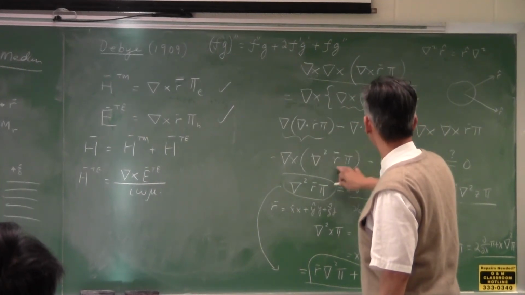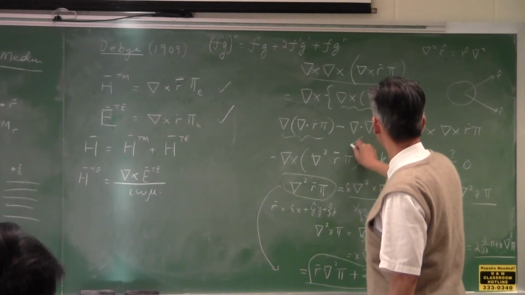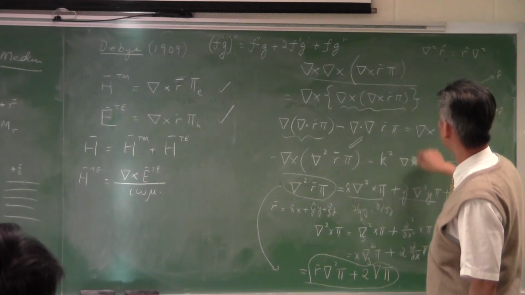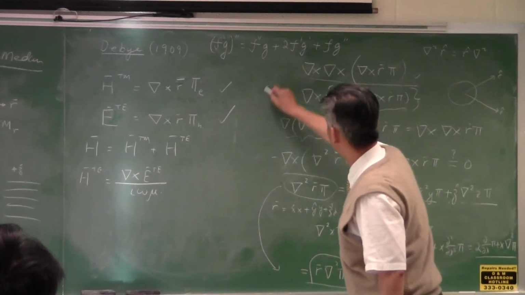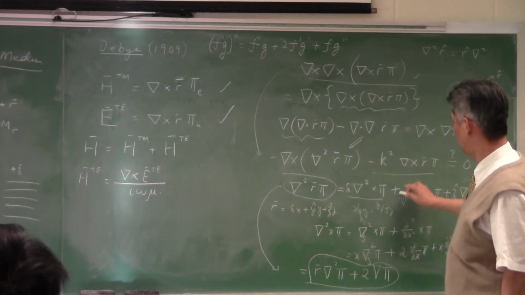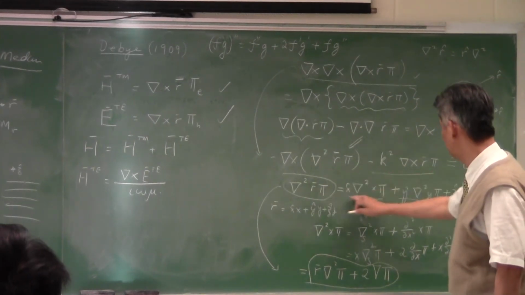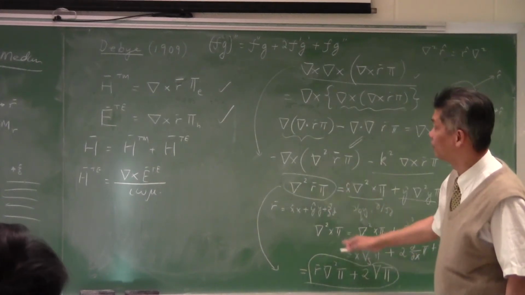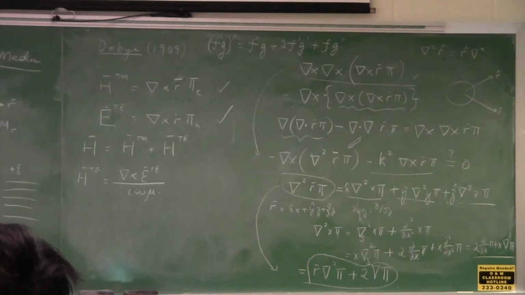So I plugged it in and I get that. I didn't throw away any terms, right? And then the remaining term will be that. I start out with this, and this goes here, equals that, and then this is the additional term I add in, and then I convince you that this thing can be simplified into this. And then the gradient term can be thrown out. And then I have this.